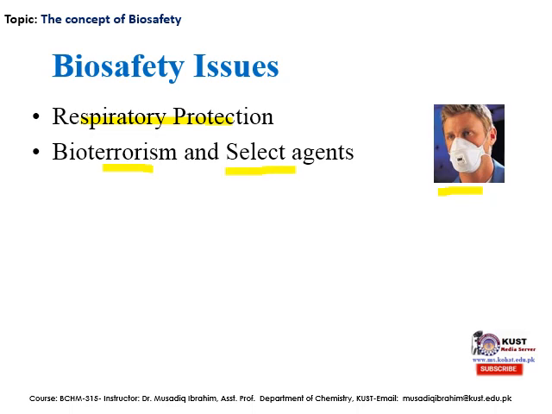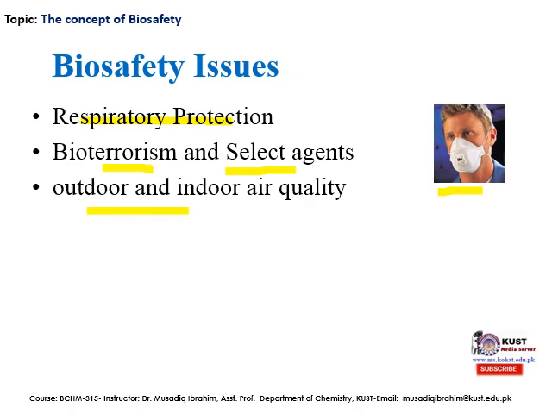There have been examples where infectious agents have been deliberately spread into the environment so that people can get infected, especially in case of wars. The outdoor and indoor air quality is also a very important biosafety issue, so that should be maintained as well.